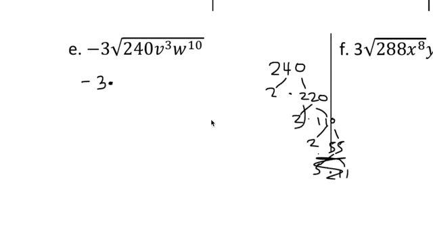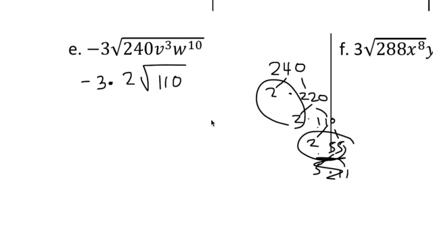Okay, so you got 2. That's it, huh? 2, the square root of, multiply these together, 110, and v divided by 2.